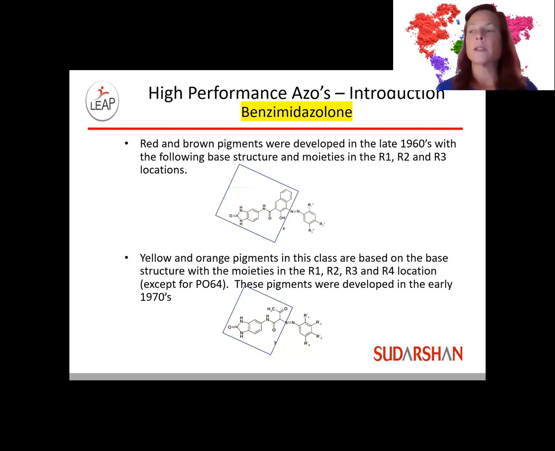The only exception to this class of pigments is the pigment orange 64, which is created in a unique way, which I will review a little later in the presentation. The yellow and orange pigments of this class came along in the 1970s.